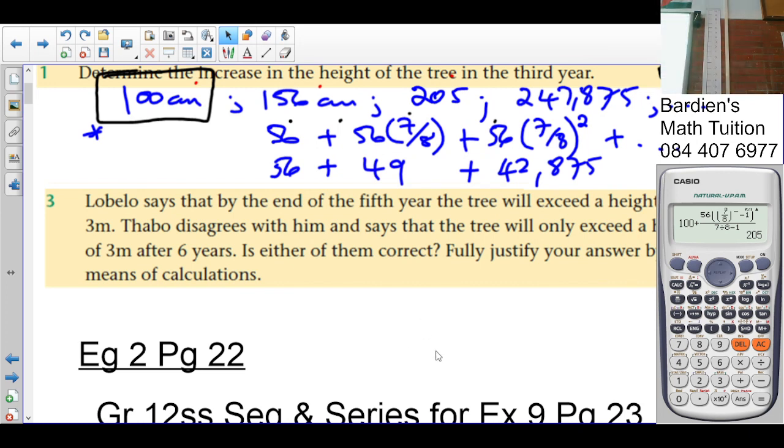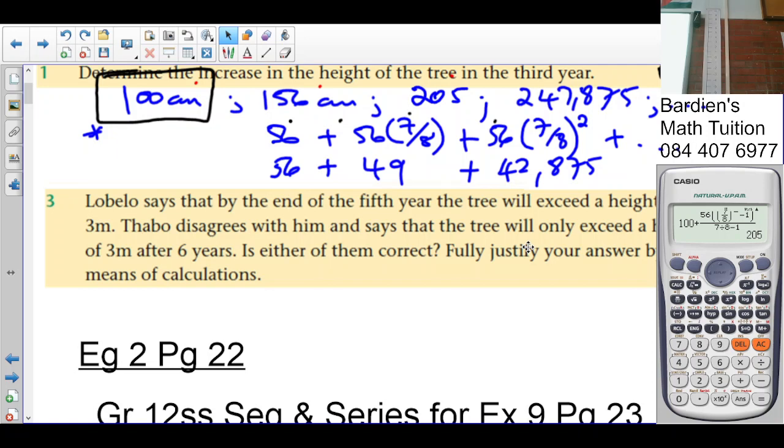Anyway, we are told that Libello says that at the end of the 5th year, the tree will exceed, which means to say it will be more than, a height of 3 meters.